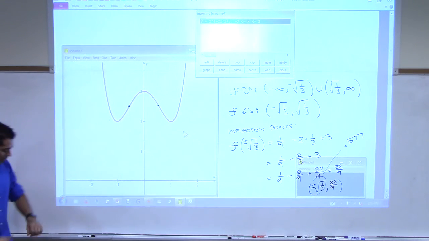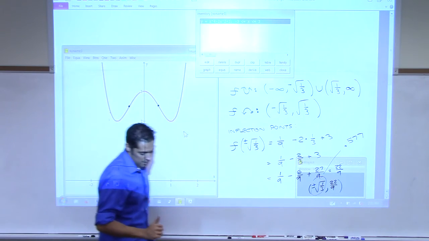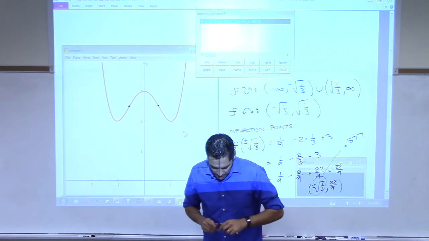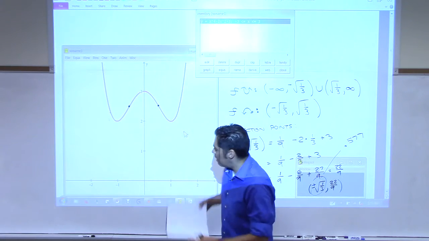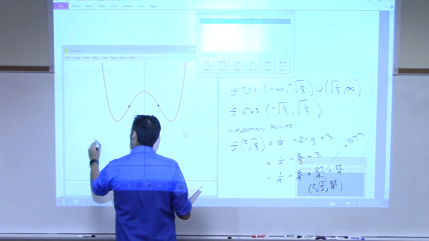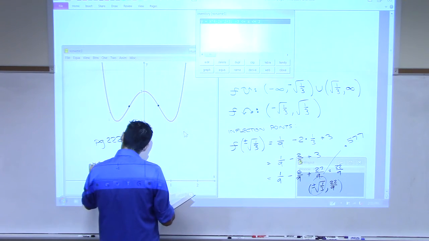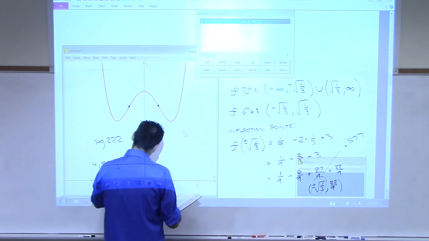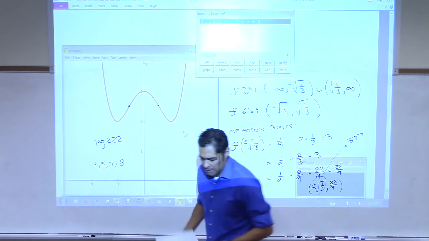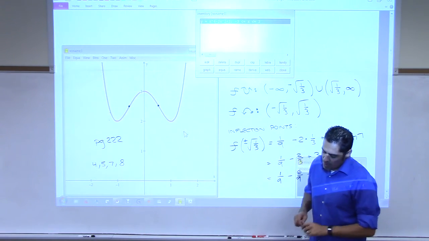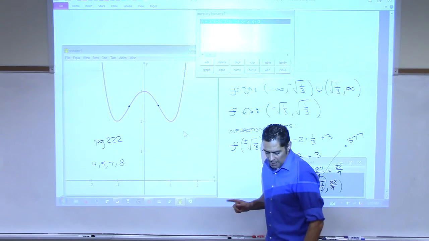Your homework tonight is to start the homework from 4.3. What's in the schedule is assigned, this is page 222. You're supposed to do 4, 5, 7, and 8. That's what took me an hour and 20 minutes to do. If you start with number 4, it's a rational function.